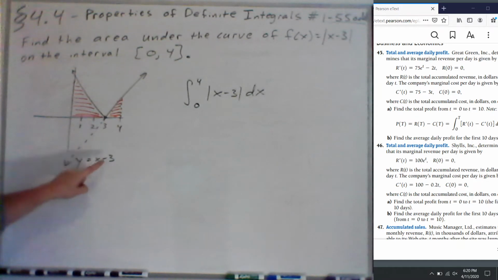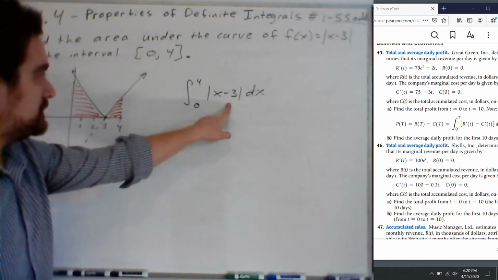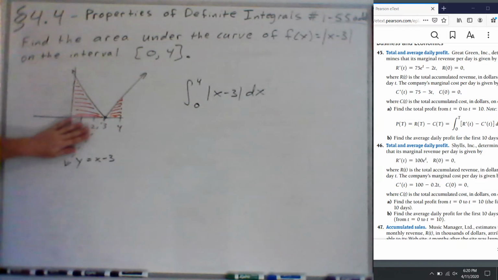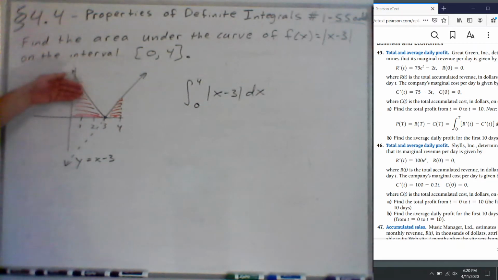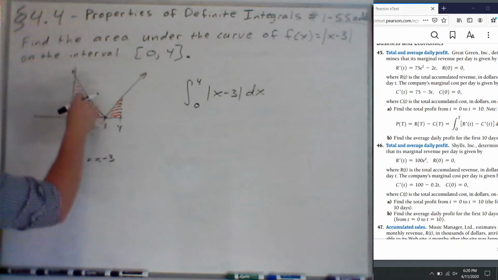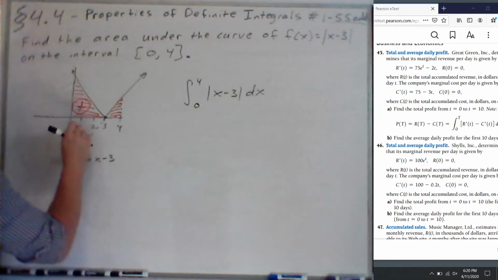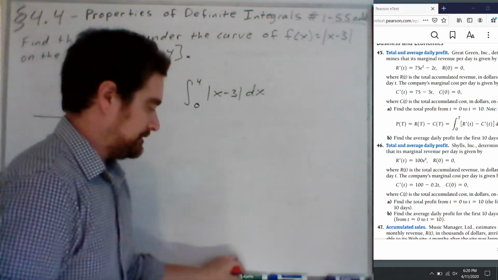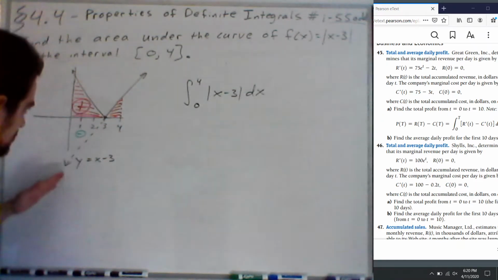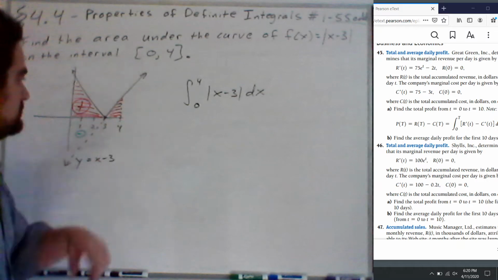So be careful, because I'm not integrating this linear function x minus 3, I'm integrating the absolute value function, which means I don't want this negative version, I want the positive version. And so my goal is to get this positive value from this negative that it would have given me. If I just integrate this linear function, I get some negative stuff and some positive stuff.